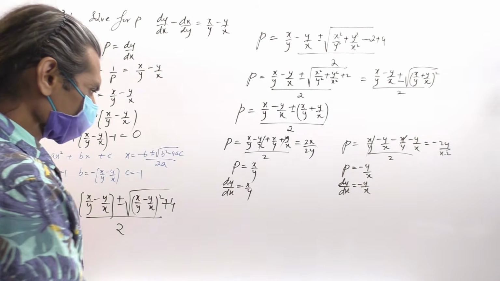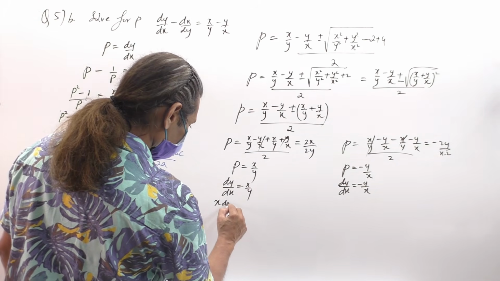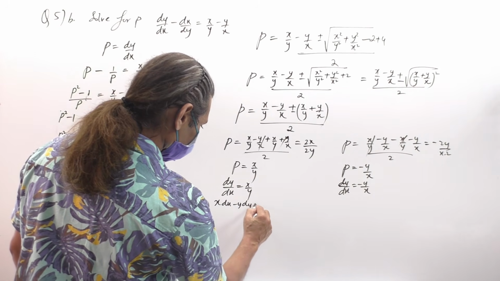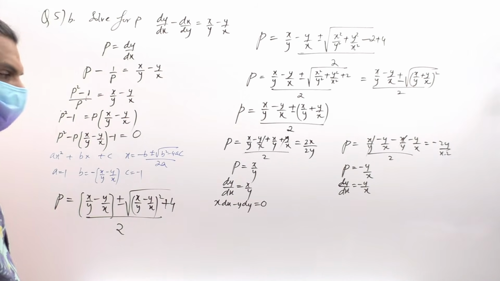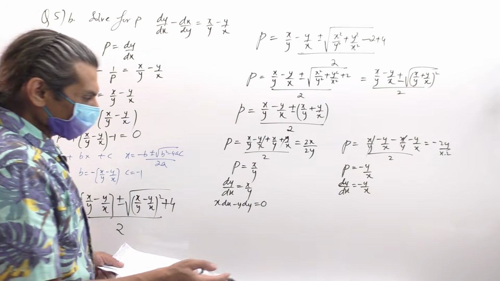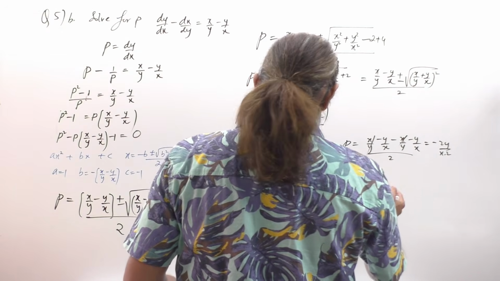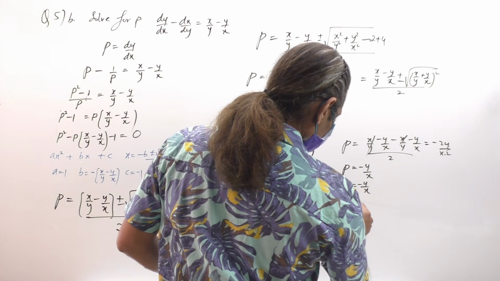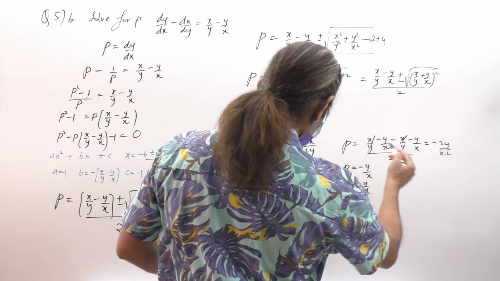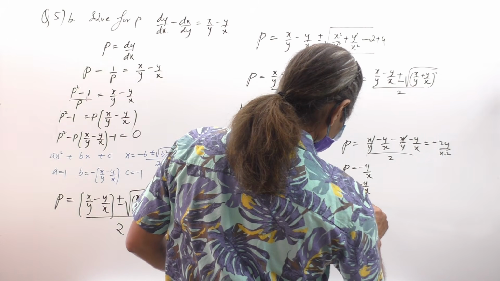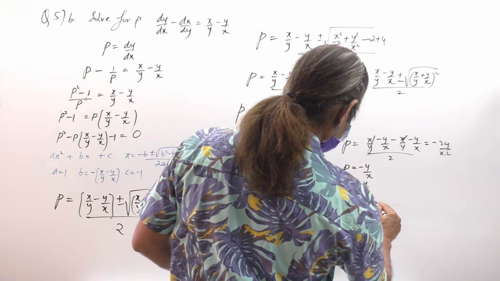So let's separate the variables here. So from here we get x dx minus y dy is equal to 0. Am I right? x dx minus y dy is equal to 0. And the other one, I will take this as dx by x plus dy by y is equal to 0.